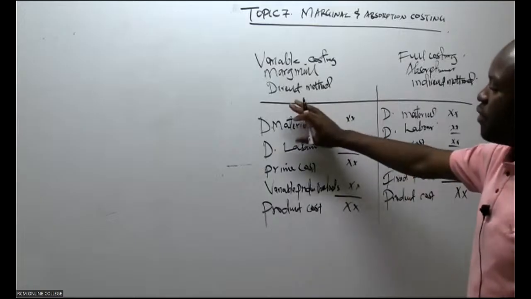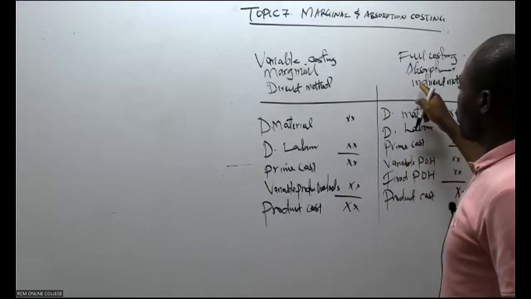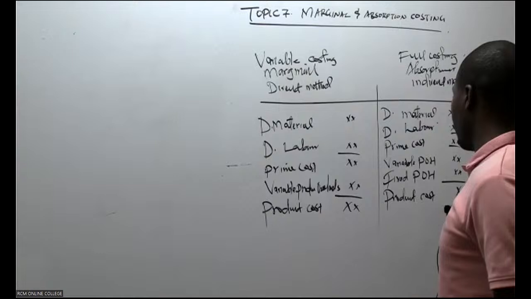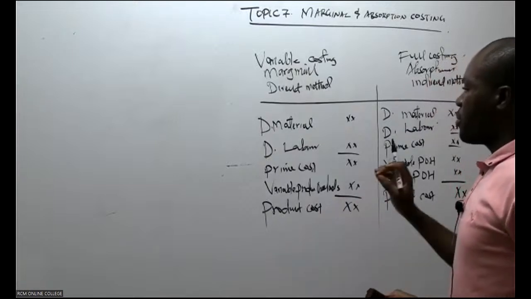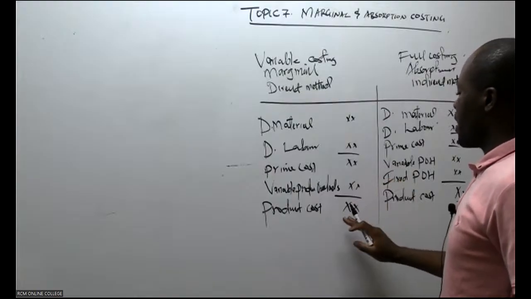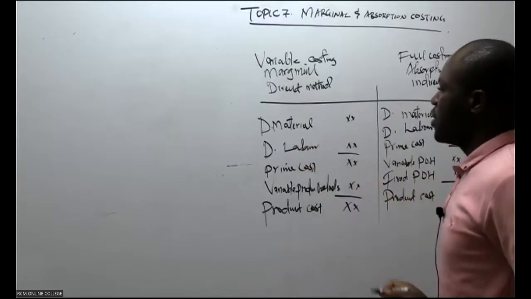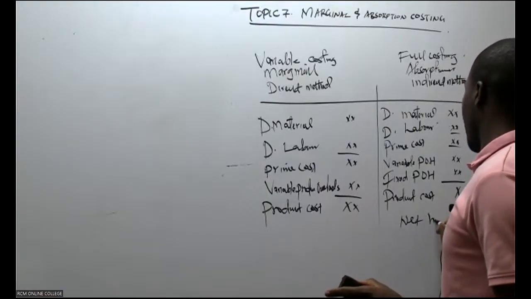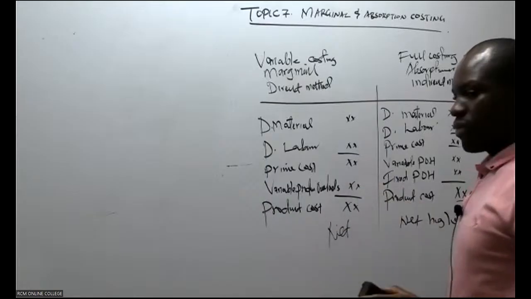From the formula you've just seen, under the full costing method we include the fixed cost as part of the product cost. So automatically, this cost will be higher than this one here. When the production cost is higher on the full costing method, net profit will be higher compared to the other side.